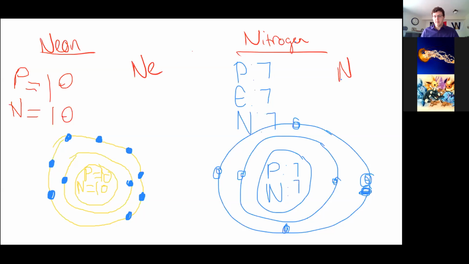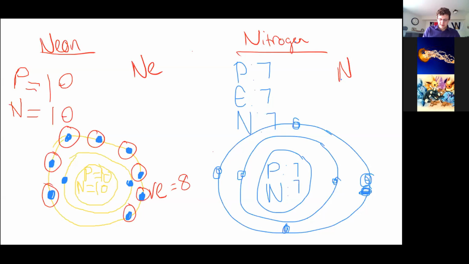The valence electrons. Perfect. And those valence electrons are the electrons on the outermost orbital. So neon, how many valence electrons does it have? 8. It has 8. Perfect. Because 1, 2, 3, 4, 5, 6, 7, 8. 8 valence electrons, 8 electrons on its outermost orbital.